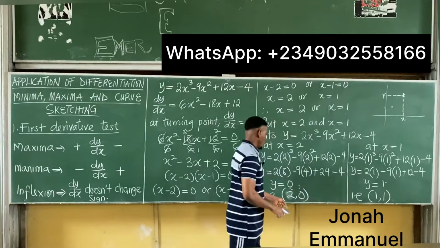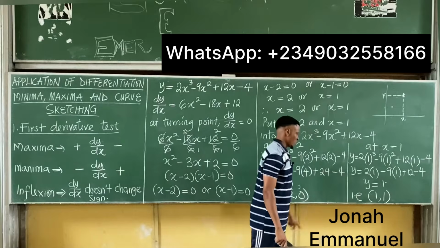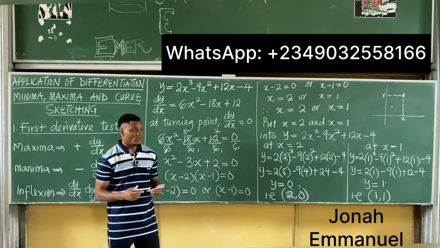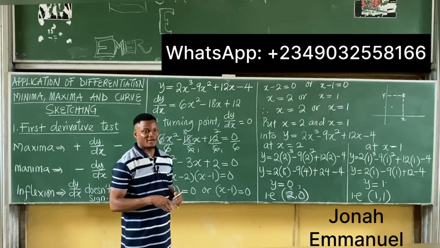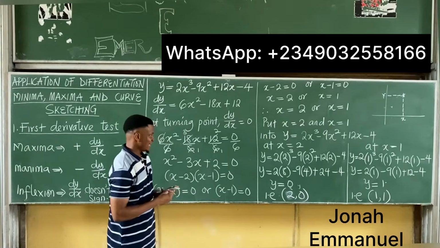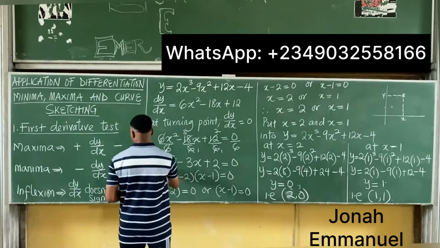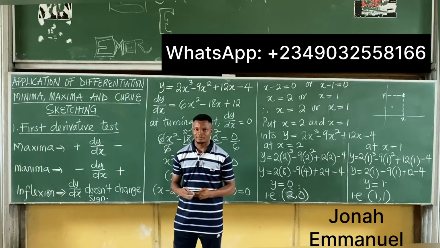All right, so I have these two coordinates. Of these two, one of them is a minima and the other one is a maxima. So how do I find which of them is a minima and which is a maxima? What we'll do is very simple. We'll use the first derivative test and get our answer.